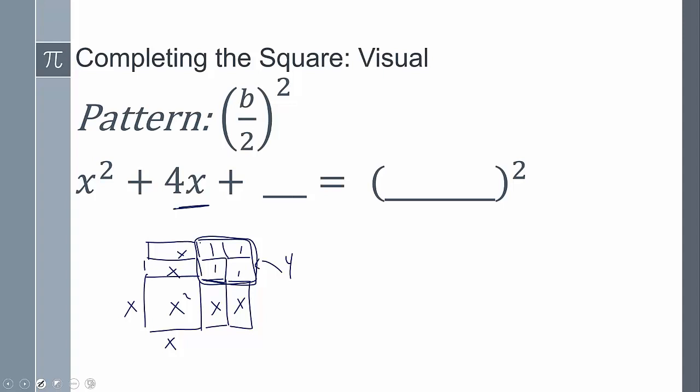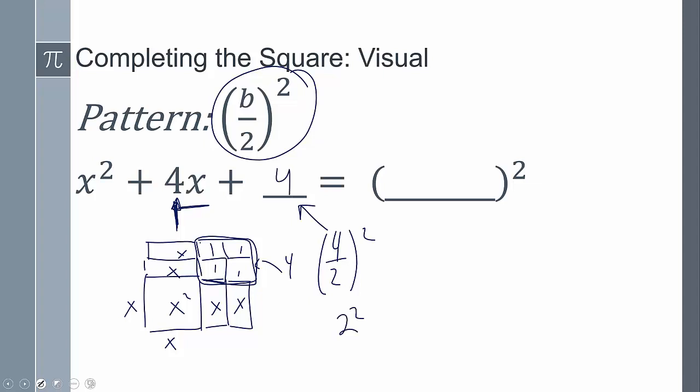Now the pattern that we do is we take whatever this b value is, 4, you want to divide that by 2 and you square it. And that's basically what you're going to add to be able to complete the square. So I would take that 4 over 2, it's 2 squared, that's 4.